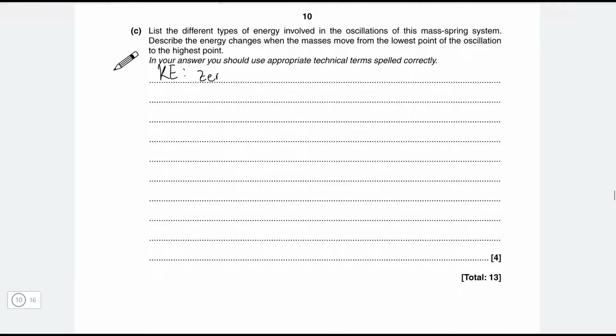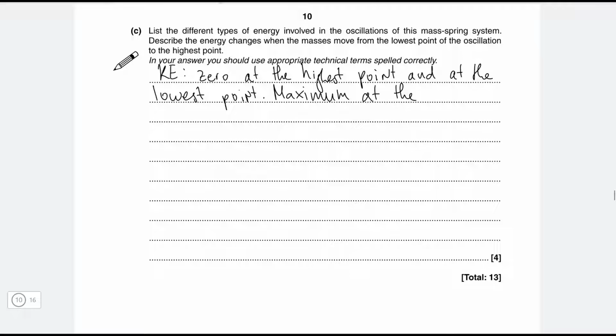Well, that is 0 at the maximum amplitude, so it's going to be 0 at the highest point and at the lowest point, and it's maximum at the equilibrium, because that's when the mass and the spring are moving the fastest.